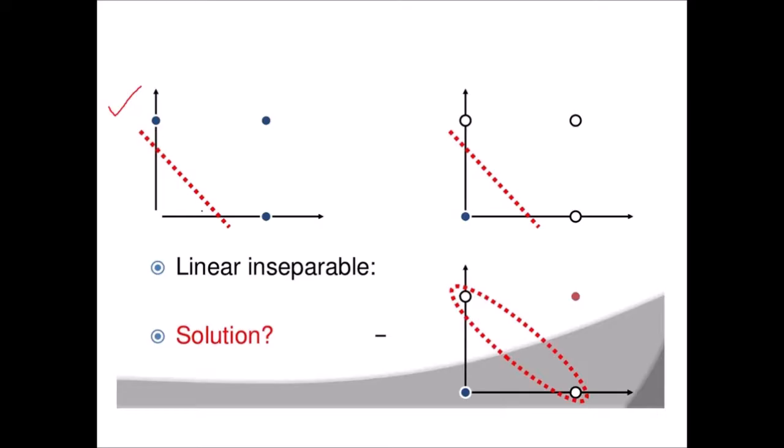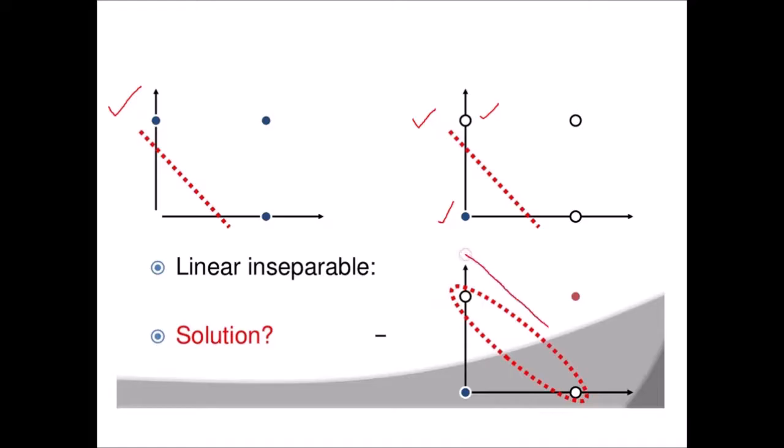So here with one line linearly we can separate this logic 1 and logic 0 class. Similarly for AND gate, using this linear line we can separate the class having output 0 and the class having output 1. But if you consider the XOR problem, we cannot separate this output with logic 1 and logic 0.